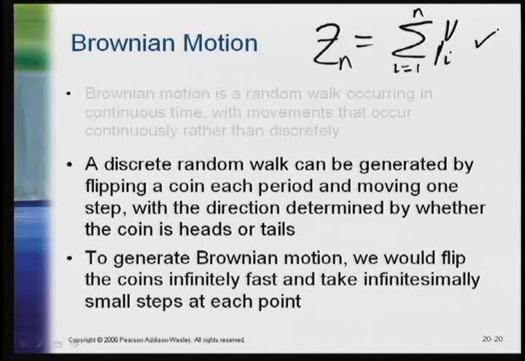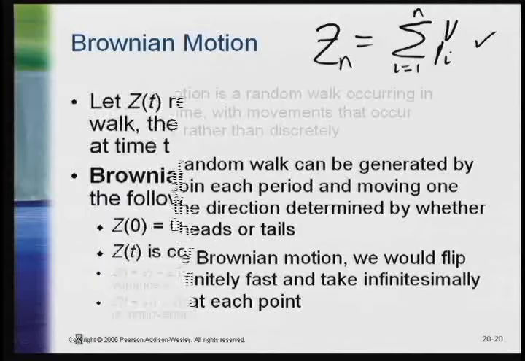So if +1 and -1 were the appropriate coin flip value for a period of length 1, we'd like to change this example so that the y values depend on h, the length of the interval, and so that as the interval gets smaller, the +1 and -1 values also get smaller. That's what ultimately gives us Brownian motion, but we need to control how quickly the y values get smaller. Let's see what that means.